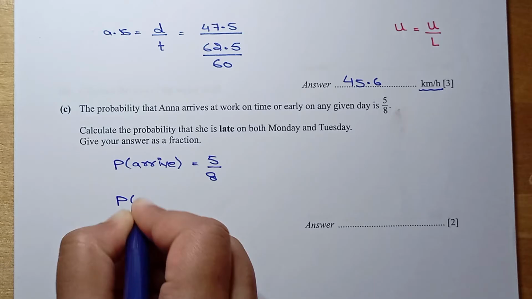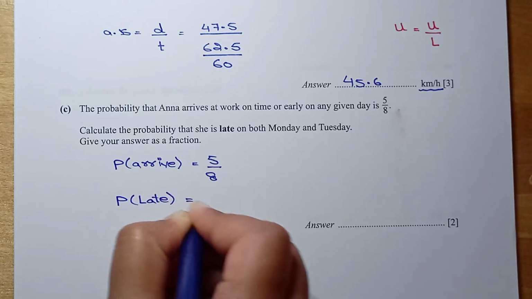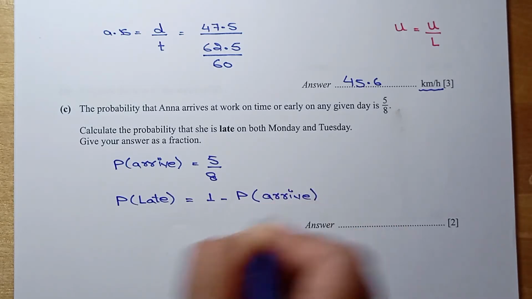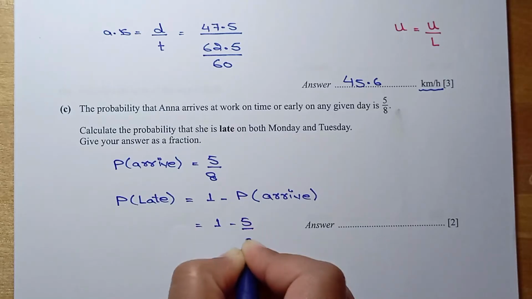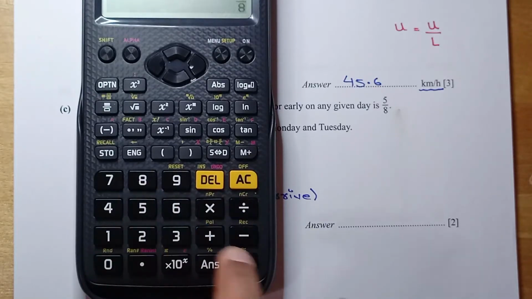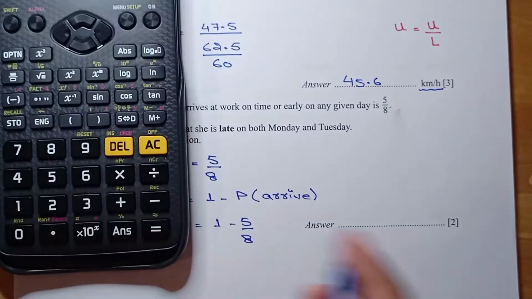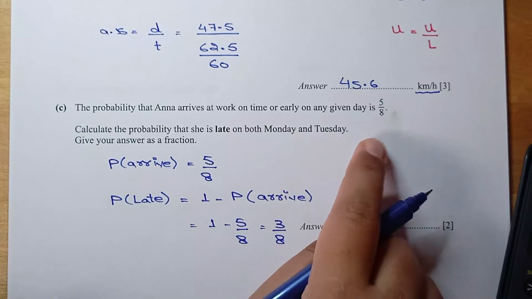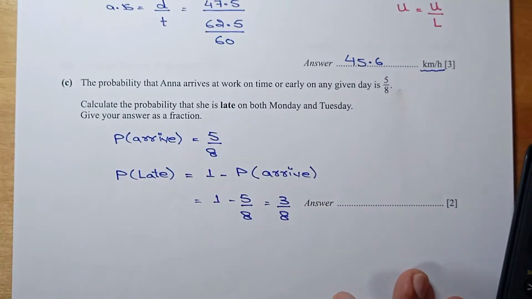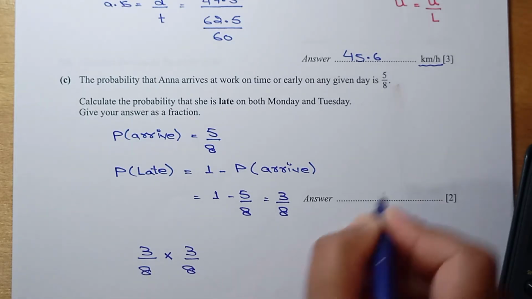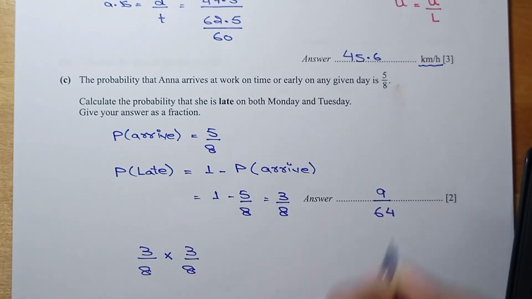The probability of being late is 1 minus the probability of arriving on time, so 1 minus 5 by 8, which is 3 by 8. For both Monday and Tuesday, we multiply: 3 by 8 times 3 by 8. 3 times 3 is 9, 8 times 8 is 64. So 9 by 64.